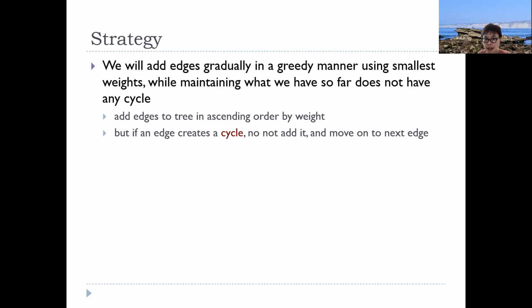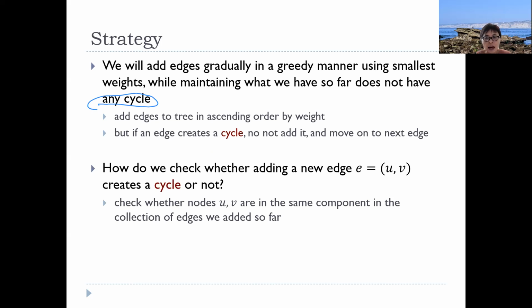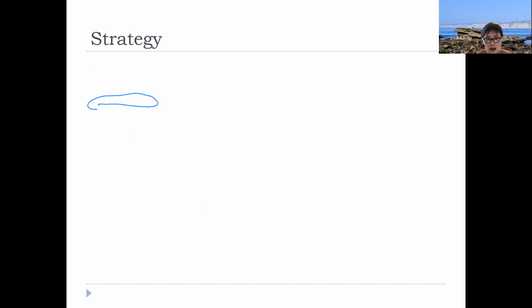This is what I just said: we'll add the edges gradually in a greedy manner from small to large weights, while maintaining that what we have so far does not have a cycle. This is just to make sure that we have a tree.